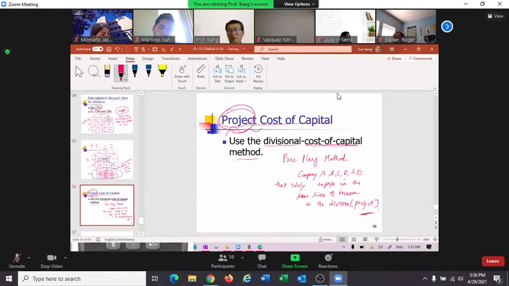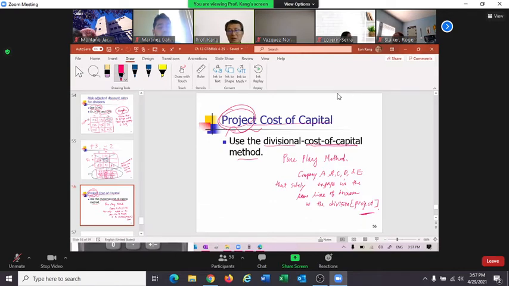And then you get unlevered beta, and you re-lever based on the project's capital structure, then calculate cost of equity using CAPM, and finally calculate WACC based on how you finance the project, right?